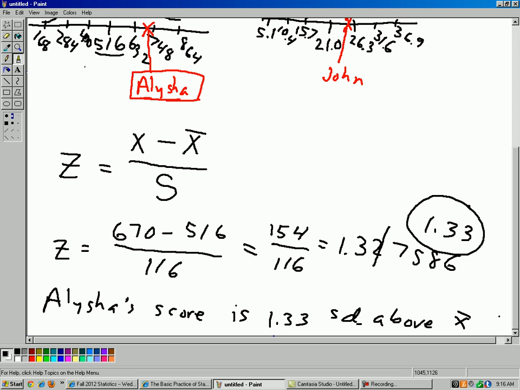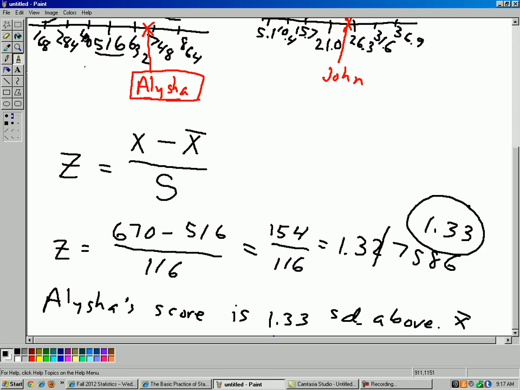Now, there's no units to z-scores. If your original measurements were in centimeters, the units cancel. So this is a unitless measurement. Think of it like a ratio. How many times greater is Alicia's score in terms of standard deviations greater than the mean?